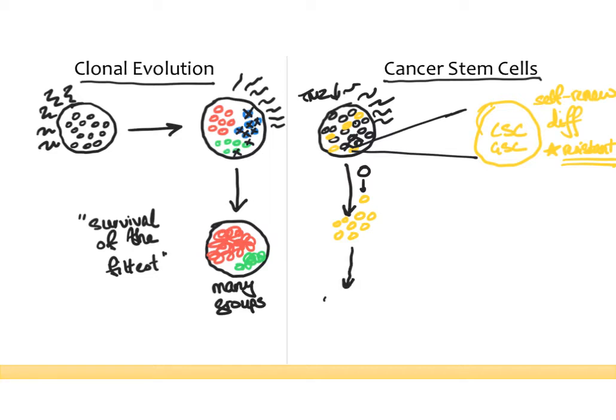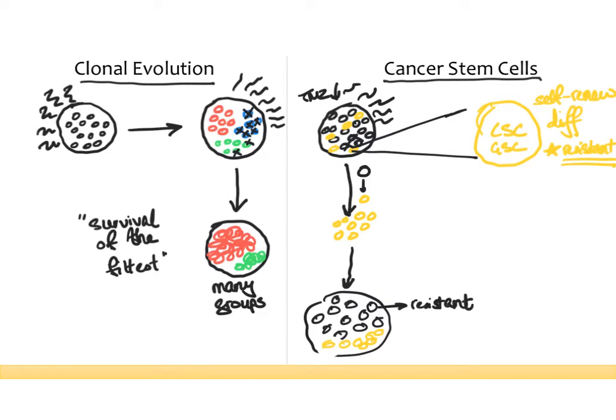And so eventually they're able to recapitulate this entire tumor. They differentiate to all the normal cells that the tumor needs, and they maintain a population of stem cells right here that also can still recapitulate the whole tumor all over again if necessary. And because these cells came from cancer stem cells that are resistant, now they are also resistant.